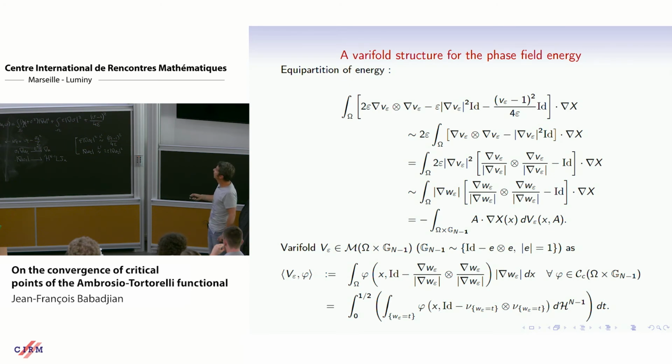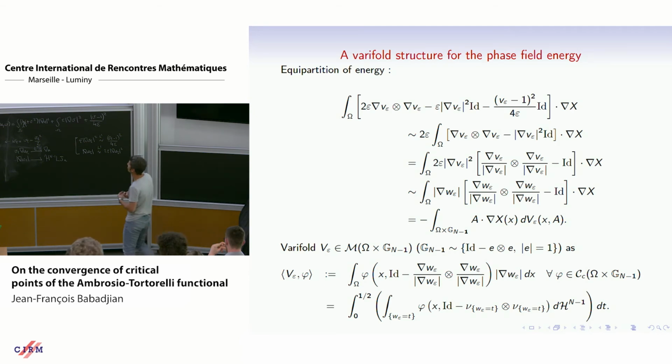With this definition of V epsilon, I can rewrite this last expression that I obtained with my small computation as the integral with respect to my varifold, capital V epsilon, of the function minus A scalar product grad capital X of x.